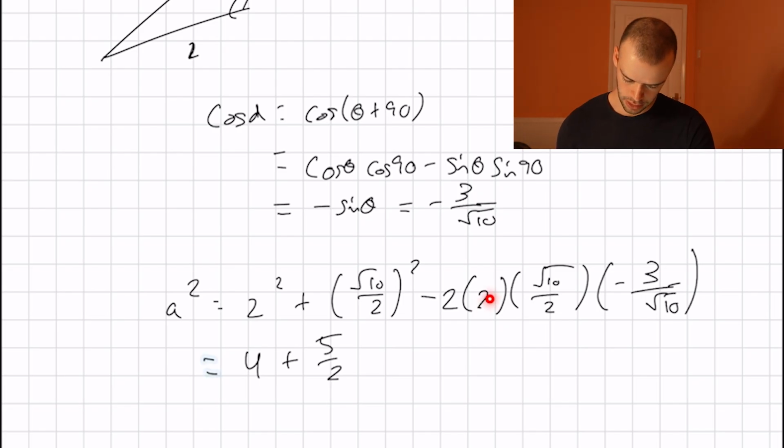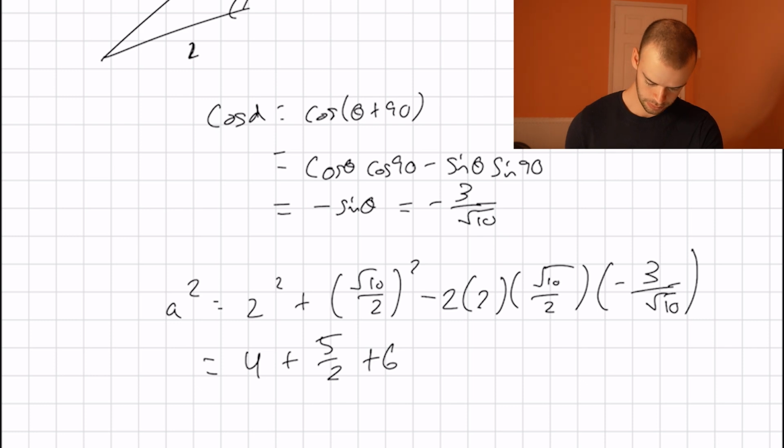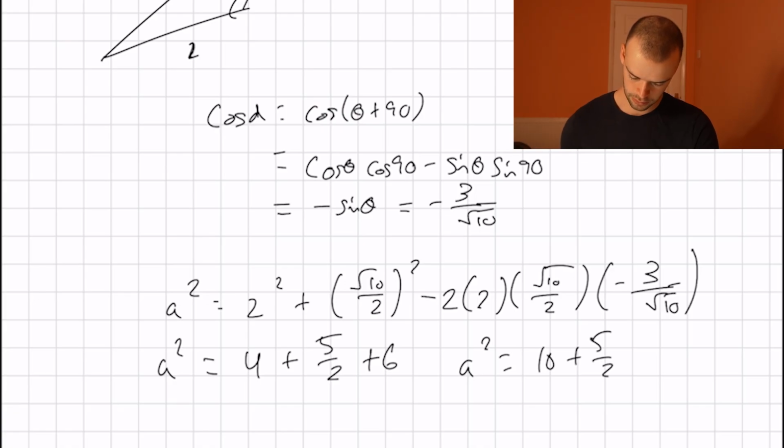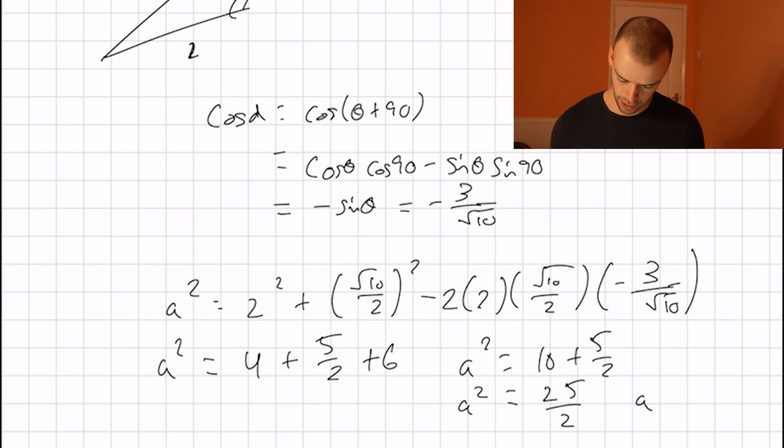Now here, this 2 and this 2 will cancel, and this root 10 cancels with this root 10 here. So we're actually left with minus 2 times minus 3, and that equals plus 6. Cool. So A squared equals 4 plus 6 is 10. And then we can simplify this right hand side to get A squared equals 25 over 2. Cool. Therefore A equals 5 over root 2.